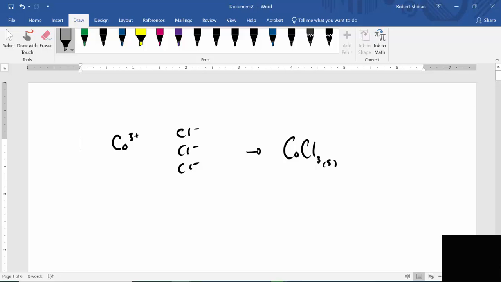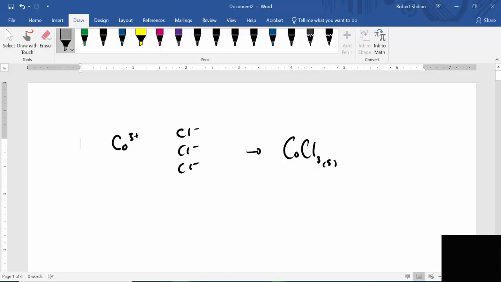And when we have an ionic compound like this, what is the structure of the ionic compound? Crystal lattice? Ionic lattice? Yeah. So we have an ionic lattice, and let's try to draw out the ionic lattice.